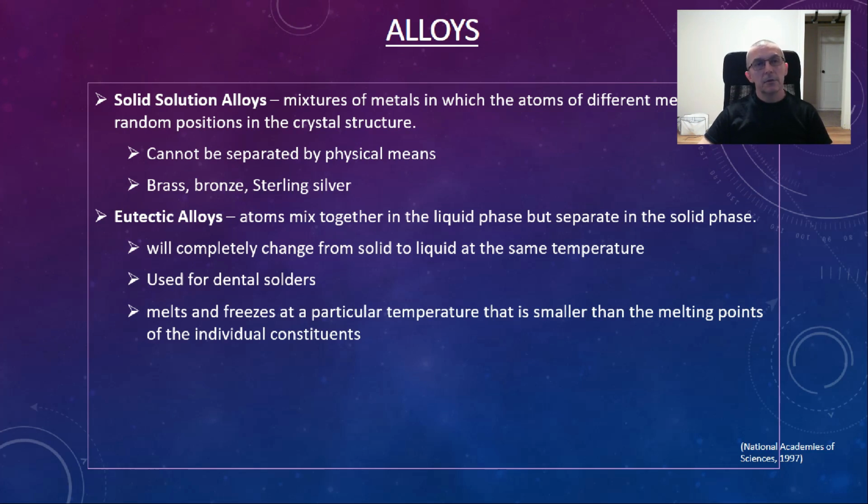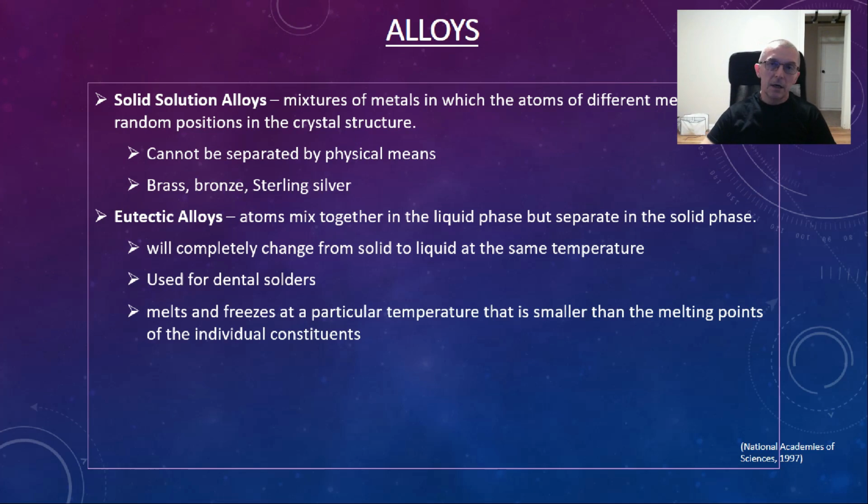Eutectic alloys are used for dental solders because they flow very easily because they mix together in the liquid phase. They melt and freeze at a particular temperature that is smaller than the melting points of the individual constituents.